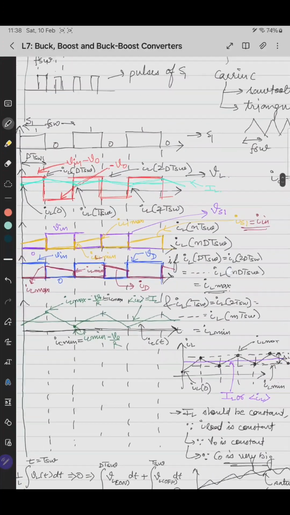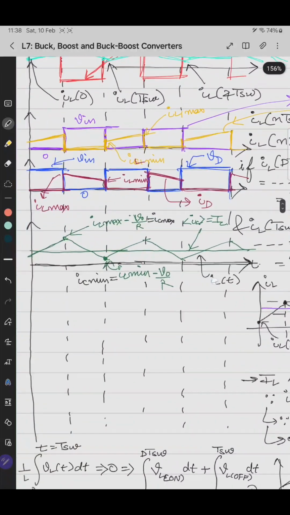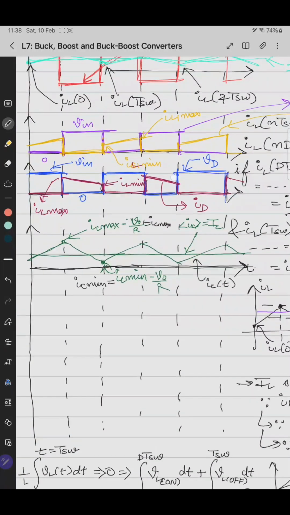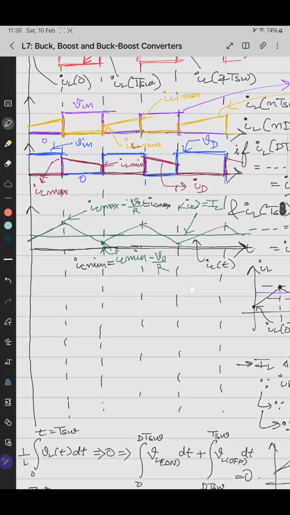Let's see what the area is and how the waveform looks. Now what I have drawn is that I have shifted the waveform of IL downwards, but it still has some average value.